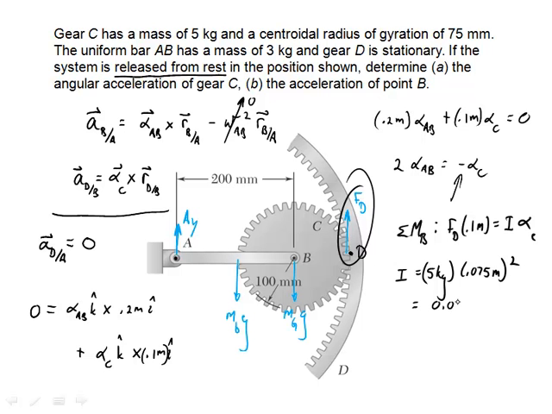So I get 0.28125 kilogram meters squared, and so F_D equals 0.28125 kilogram meters, because I've divided both sides by this 0.1 meters, times alpha C. Keep in mind alpha will have units of seconds to the minus 2, so this is kilogram meters per second squared, which is a force, so that works out fine.